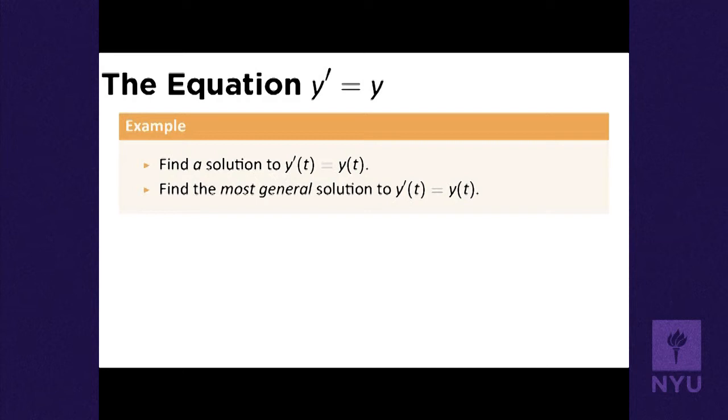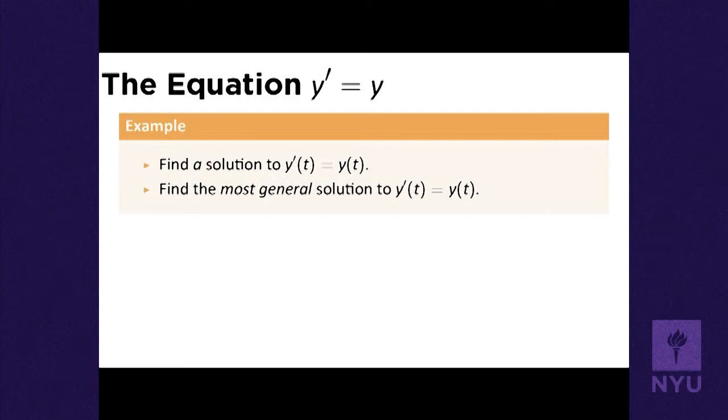So if I take the derivative of e to the t plus c, do I get e to the t plus c? What do I get? I get e to the t. Okay, so if y is e to the t plus c, the derivative is not exactly y. It's y minus a constant.